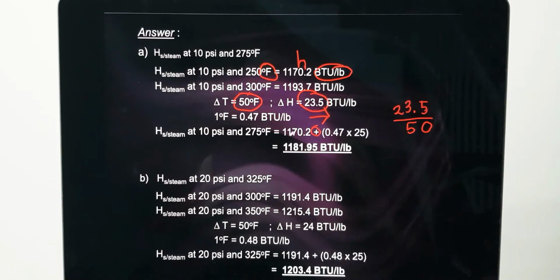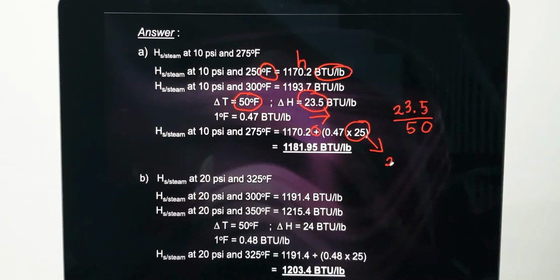The value of enthalpy is 1170.2 from here, plus 0.47. For every 1 degree, the increment of the enthalpy is 0.47 BTU per pound. The temperature difference between 250 and 275 degrees Fahrenheit is 25. This 25 comes from the difference of temperature, because this 1170 comes from the temperature of 250.